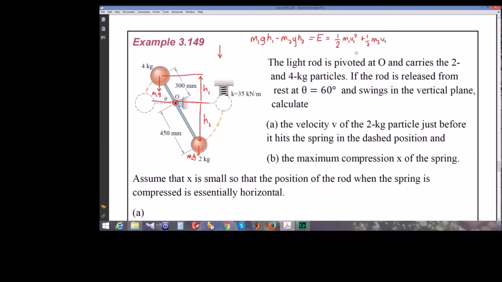Initially v1 was equal to 0 and v2 was equal to 0 because it started this motion from rest. And at this instant, the potential energy, this is the first instant, let me call it, this is our first condition, initial condition, this is our second condition. This is this condition just before this second particle with 2 kg hits this spring.